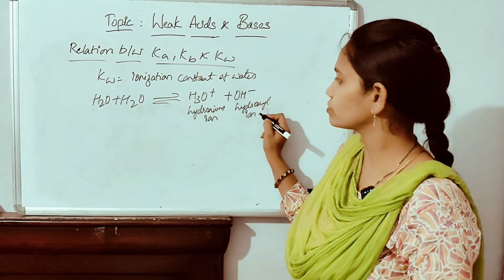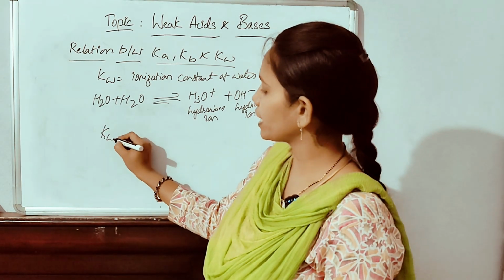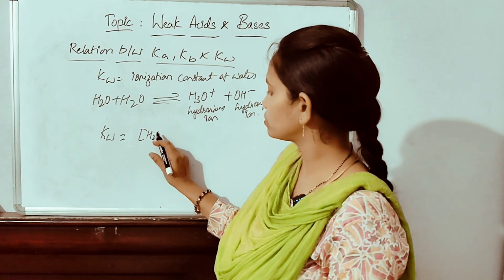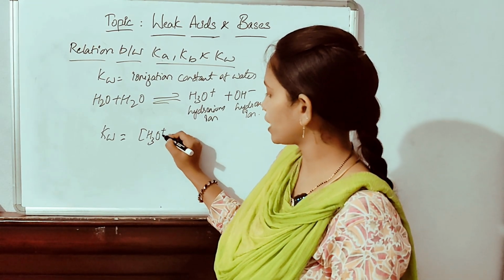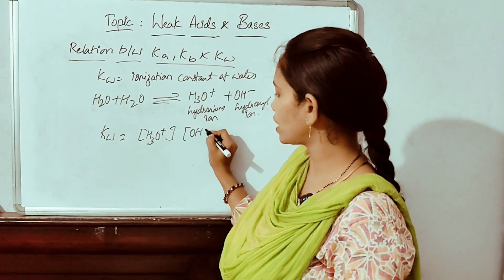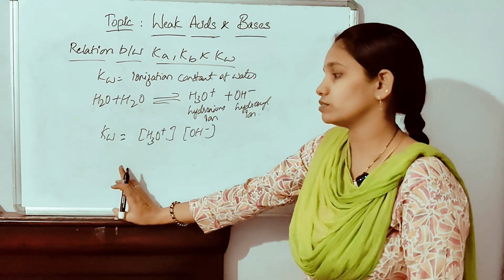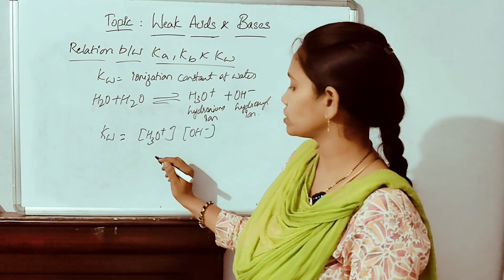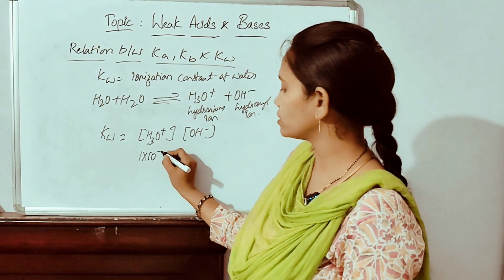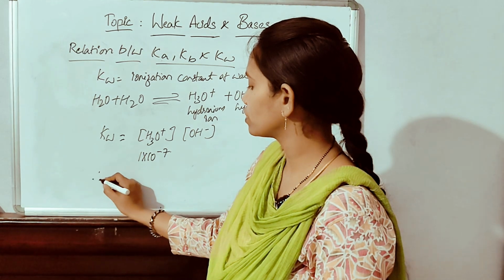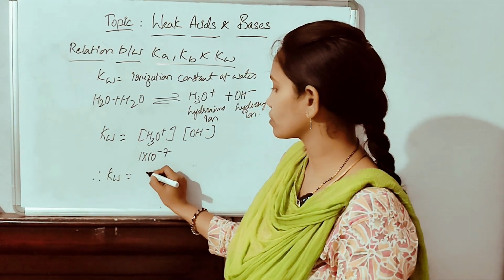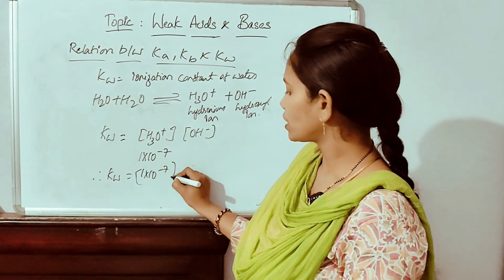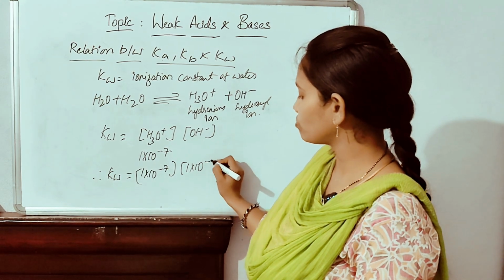If you take Kw, it is the product of concentration of hydronium ion and hydroxyl ion. The concentrations of both hydronium ion and hydroxyl ion in pure water is 1 into 10 to the power of minus 7. Therefore, Kw is equal to hydronium ion 1 into 10 to the power of minus 7, and hydroxyl ion is also 1 into 10 to the power of minus 7.